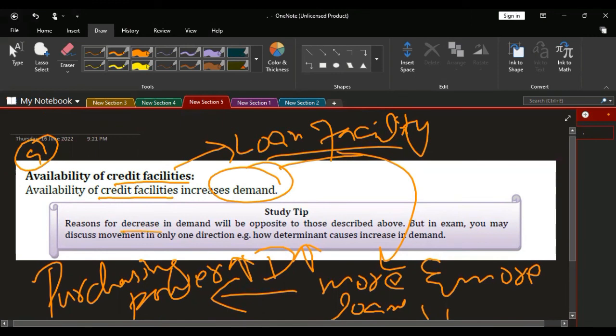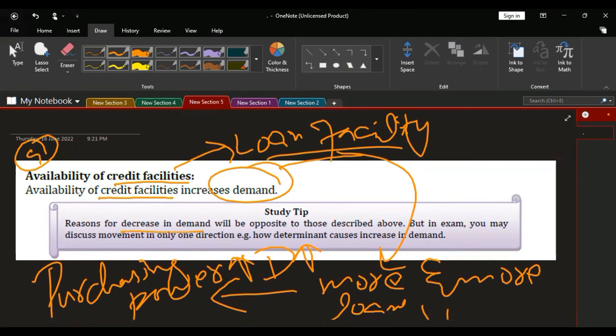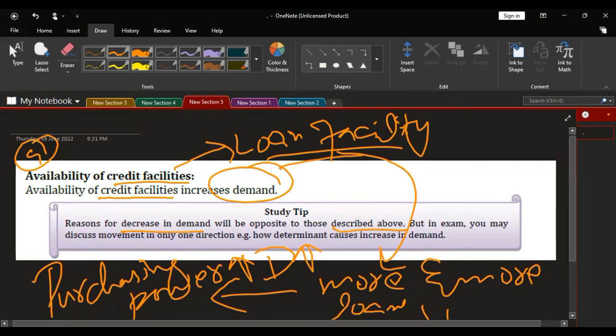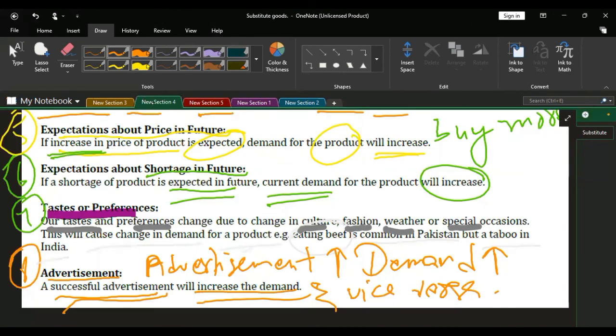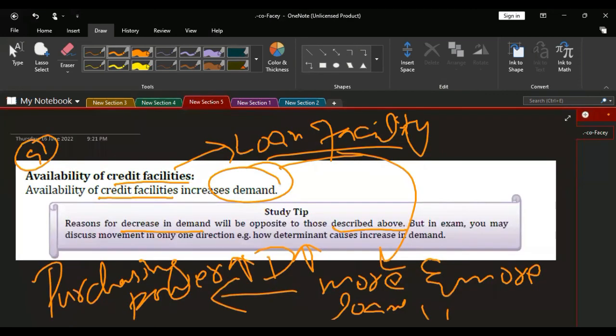Reasons for decrease in demand will be opposite to those described above. I have already been saying the word vice versa in previous sessions. Vice versa means the opposite effect. I am describing the increase in price, then the decrease in price will be inferred by you.